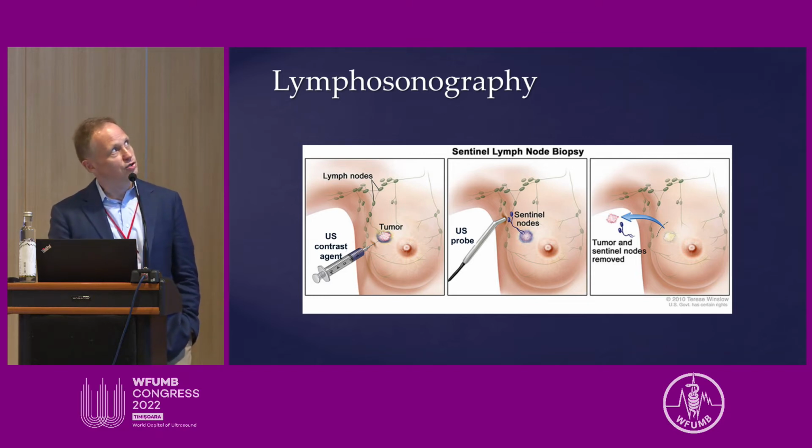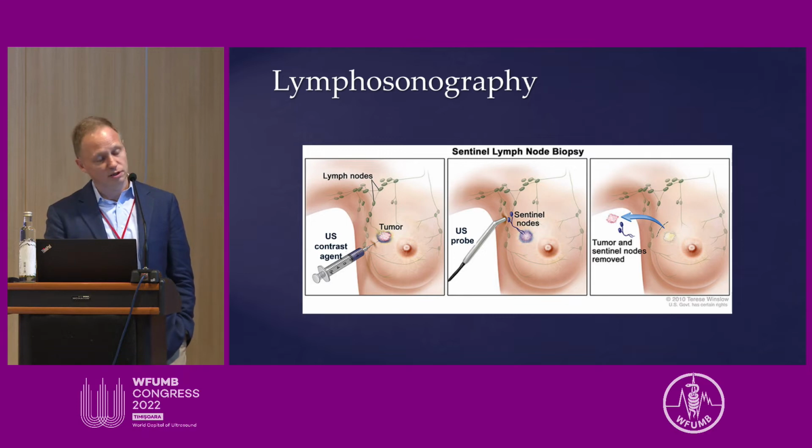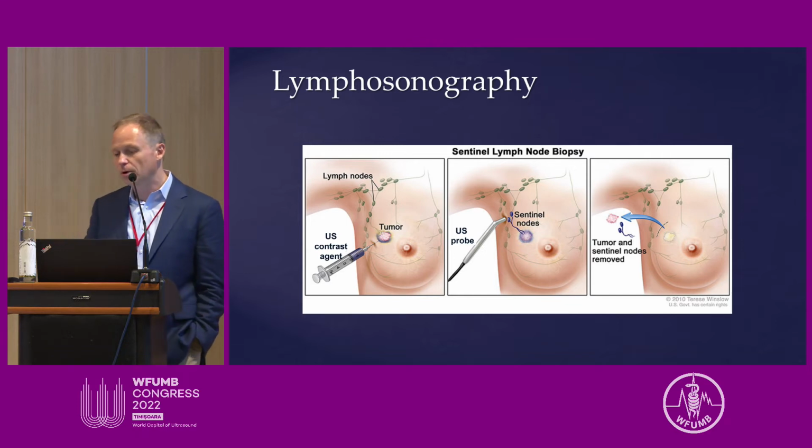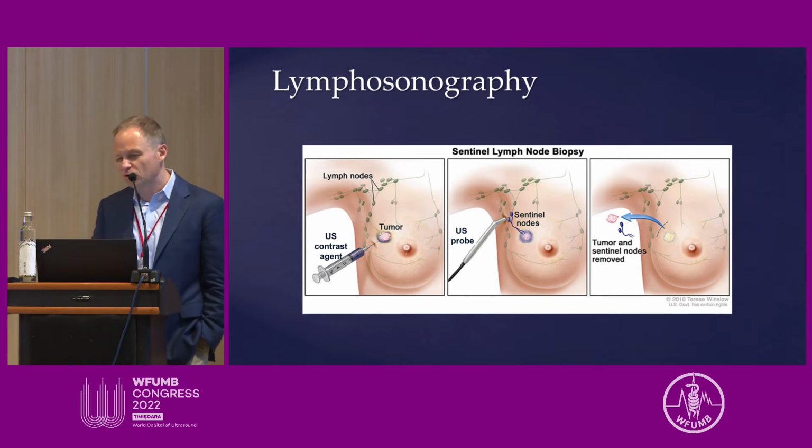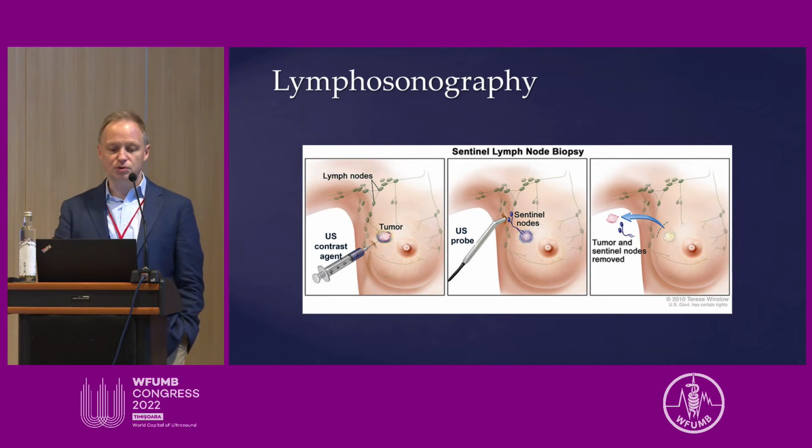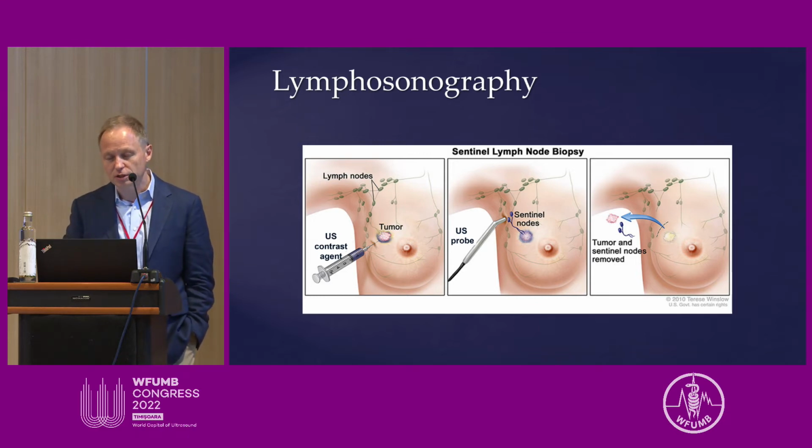So now we inject in 4 quadrants around the nipple. We usually inject probably 0.1 to 0.2 ml, and we use Sonazoid for those injections. If you don't have Sonazoid available, SonoVue works just fine, but Sonazoid bubbles are a little bit stronger than Lumason or SonoVue.